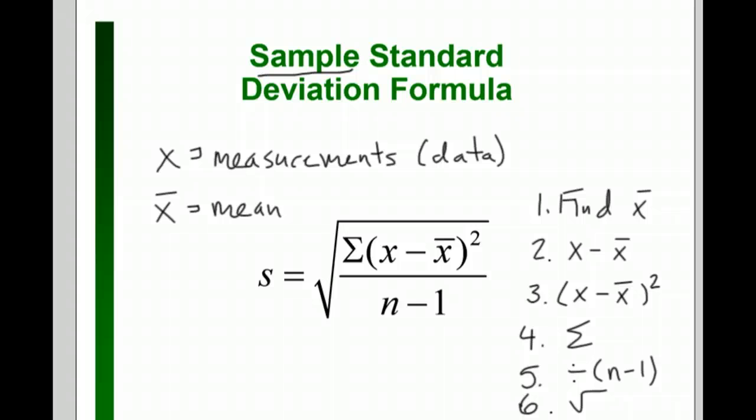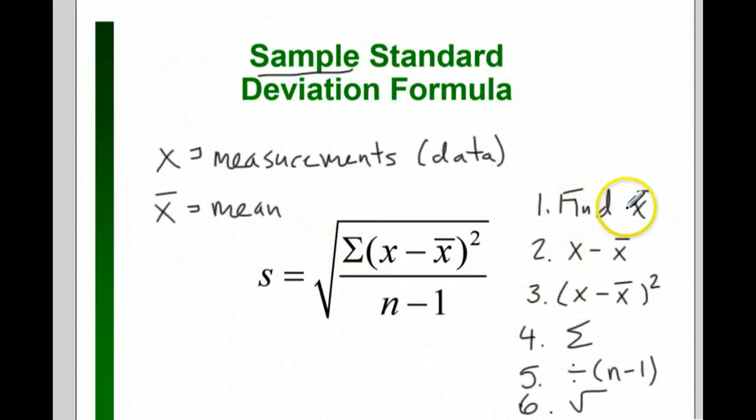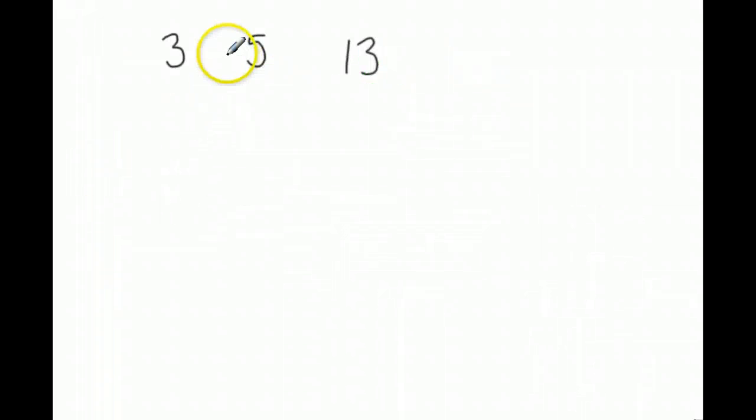Alright, so let's practice this. Here's our data set: 3, 5, and 13. If we look at our definition of what we do first, we find the mean. So the mean of 3, 5, and 13: 3 and 5 is 8, plus 13 is 21. So 21 divided by 3 is our mean.